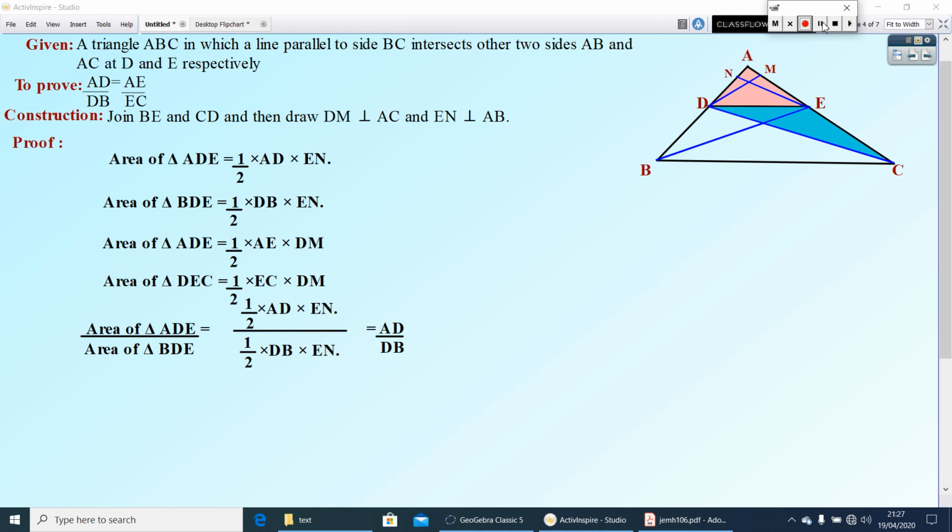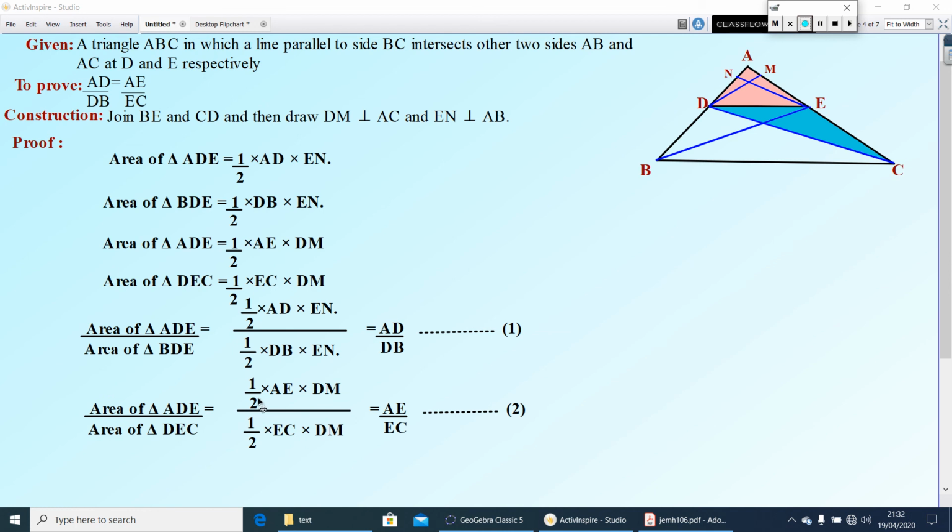This we take as equation 1. Now let me find the area of triangle ADE by area of triangle DEC. That is half AE into DM by half EC into DM. Half cancels, DM cancels, and you get AE by EC. That we take as equation number 2.